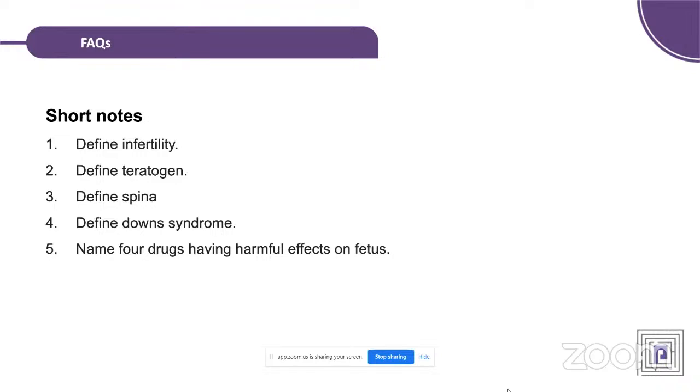When a patient is having seizures and is on valproate, if the female patient conceives, the drug should be switched to a non-teratogenic anti-epileptic, because valproate can cause mandibular abnormalities and ear abnormalities. And then next, cocaine. Cocaine also causes vascular disruption.